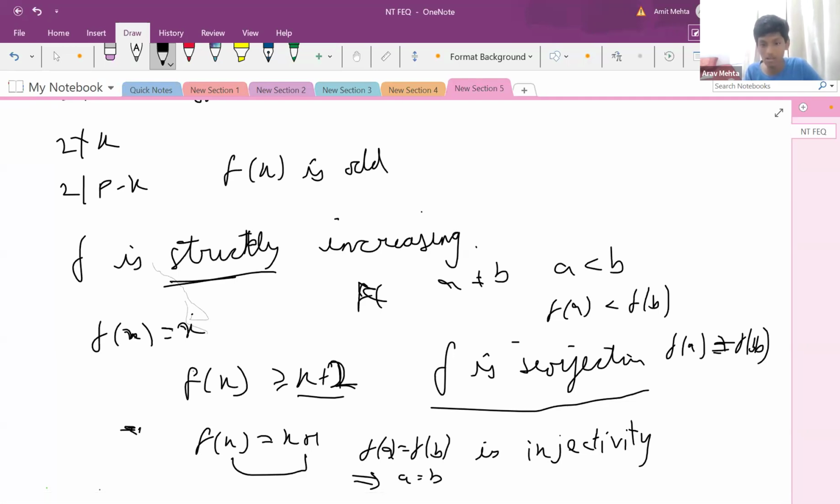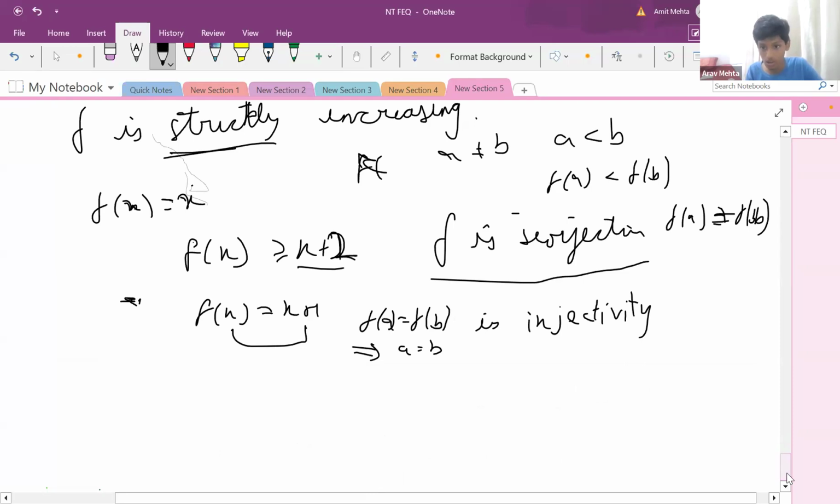This is what injectivity is. Two values can't take the same value under f. That is injectivity. And surjectivity is that f takes all values. Yeah, so you're saying we want to prove f is surjective. Interesting. Actually, if you prove surjectivity, we will be done, right?